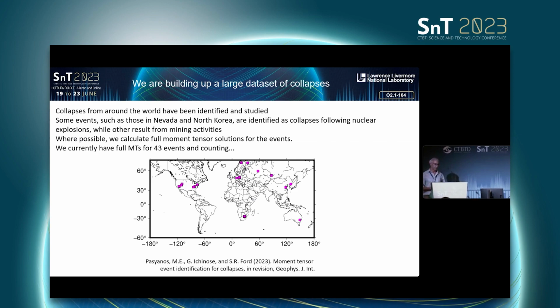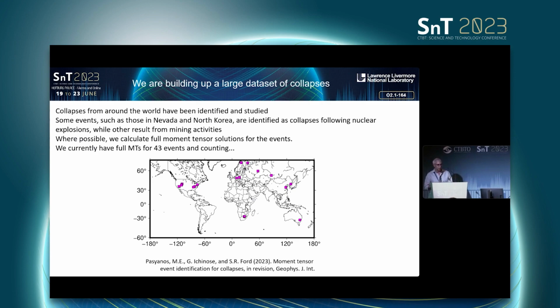As I said earlier, some of them, such as the ones in Nevada and North Korea, are associated with nuclear explosions, occurring 20 minutes or maybe the next day after an explosion. But for the most part, most of them are related to mining activities. So I'm on the hunt. If you know of any good collapses to look at, please talk to me or send me an email afterward. You can see, except for South America and Antarctica, we pretty much have every continent covered.